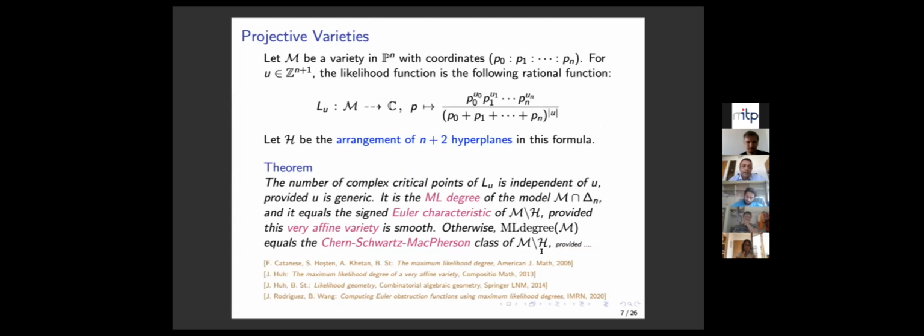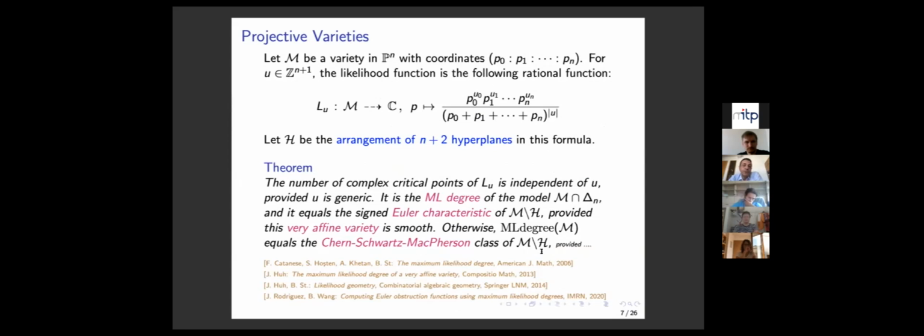Now, the setting we like to couch this in, in algebraic statistics, has been, for the most part, projective varieties. We saw with my coin flip example that I wrote a homogeneous quadratic polynomial in 3 probabilities. So let's generalize this. We work in complex projective space with coordinates p0, p1 up to pn.